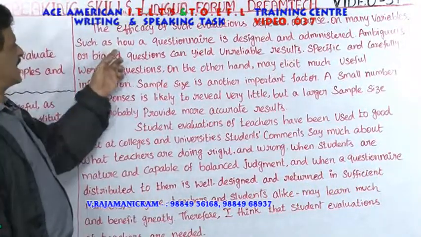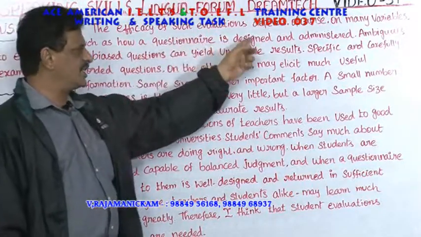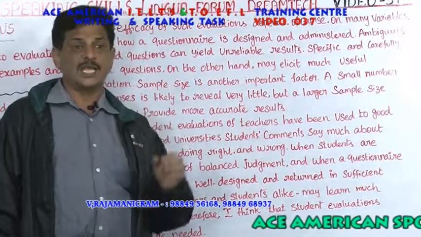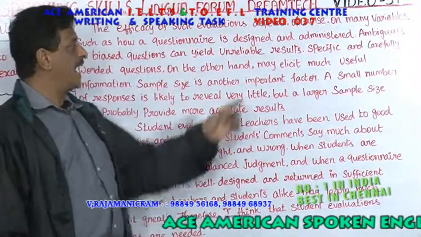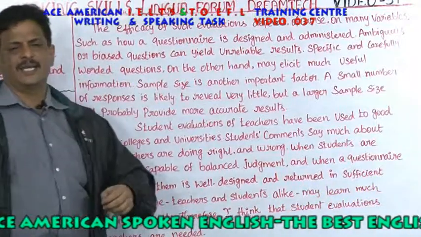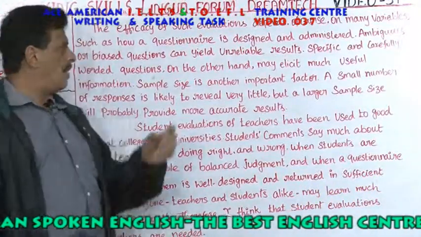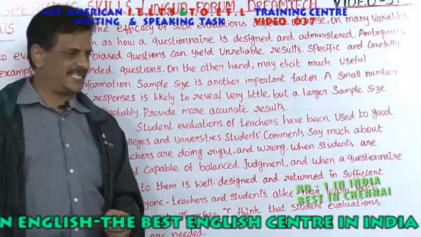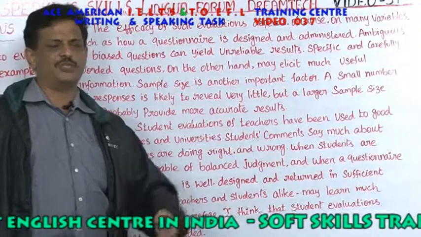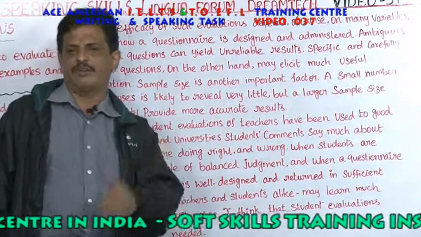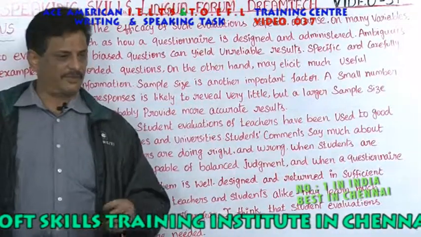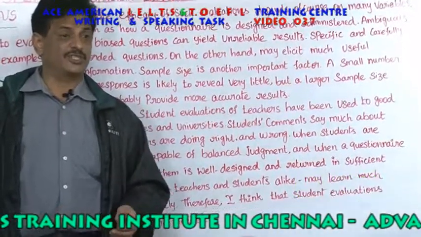What are they? Such as how a questionnaire is designed. So in a question paper, what type of questions, how the question is designed and administered. Ambiguous means confusing. Or biased questions means what? Purposefully, for a maths teacher you are giving a different questionnaire, for a physics teacher a different questionnaire, for an English teacher a different questionnaire.